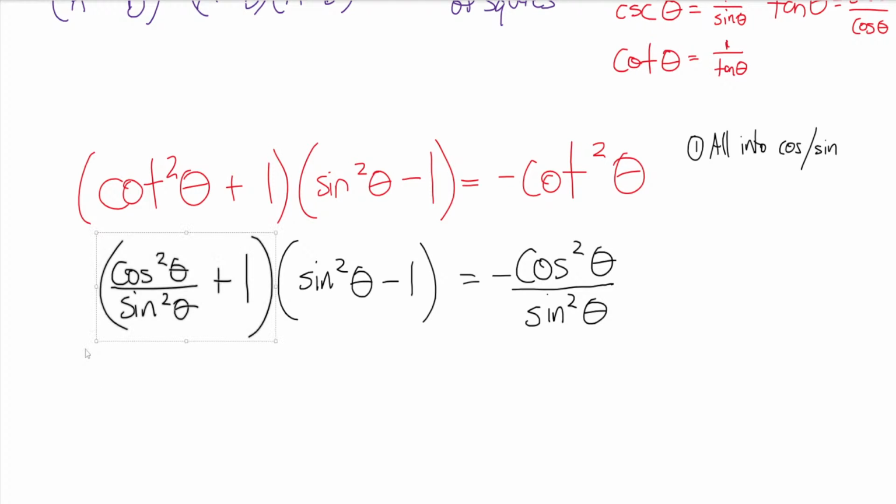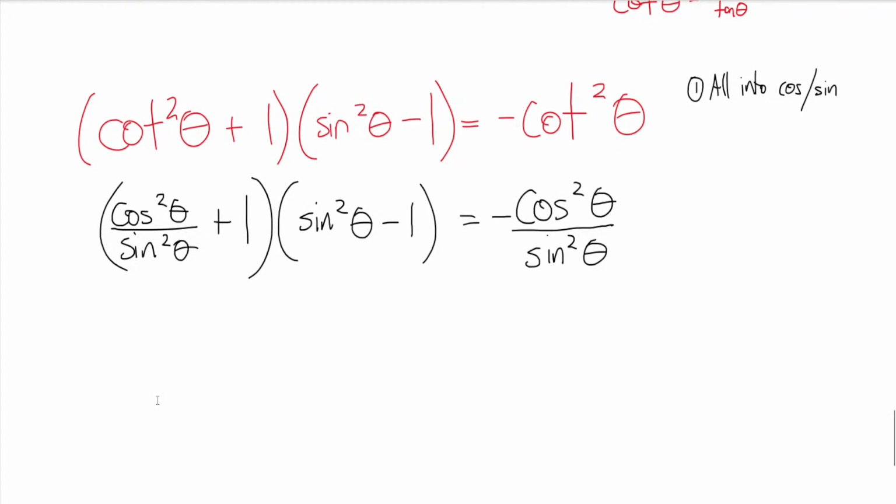That somehow has to become one big fraction. In fact, there's two common denominator opportunities. Oh, no, sorry. This one isn't a fraction. So that is a common denominator opportunity. But what does that look like?